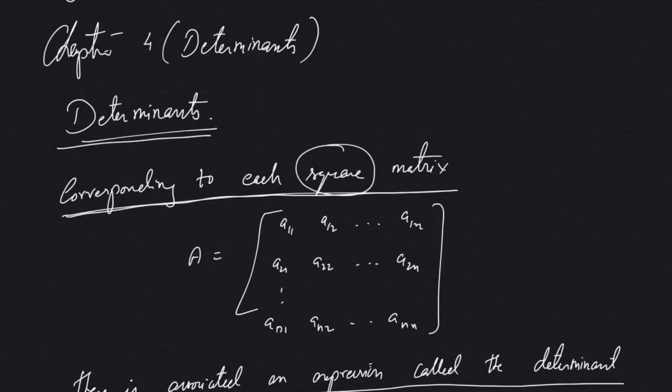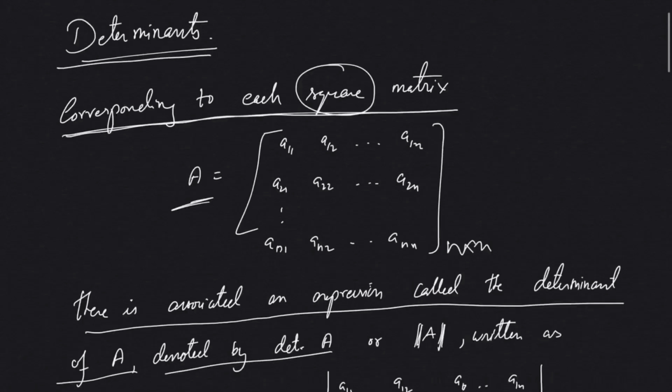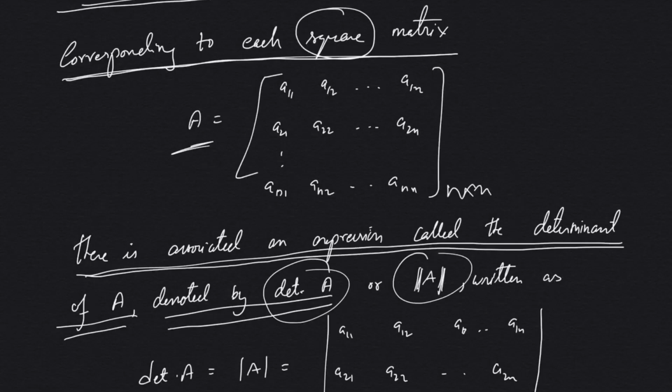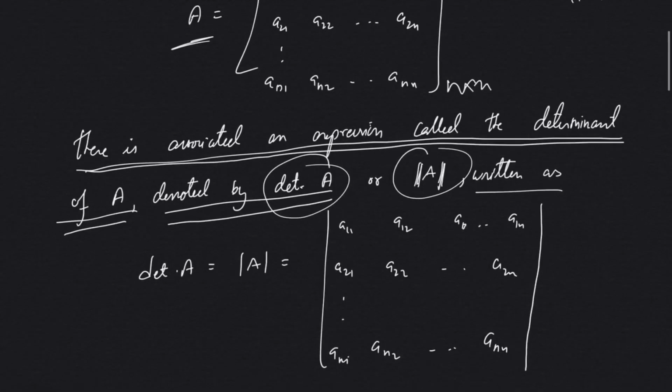Corresponding to each square matrix, to be noted only for a square matrix, suppose a matrix A is given of order n by n. Then there is an associated expression which is called the determinant of A, denoted by determinant of A, or |A|. It has almost the same meaning as magnitude.